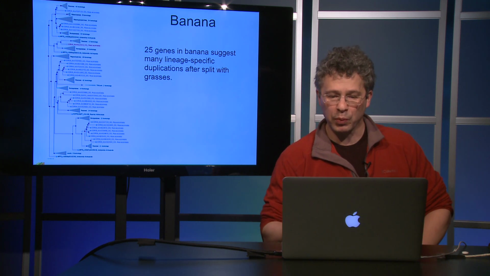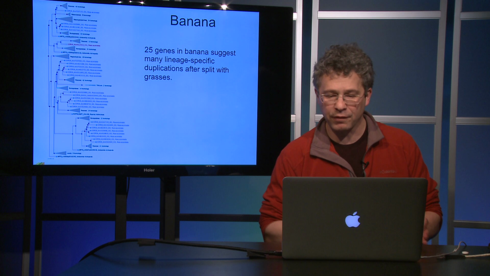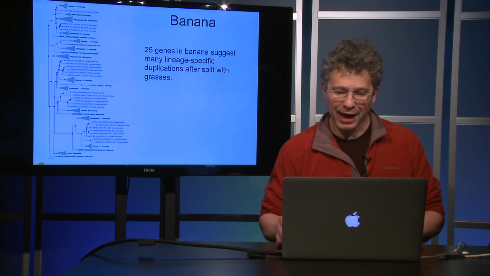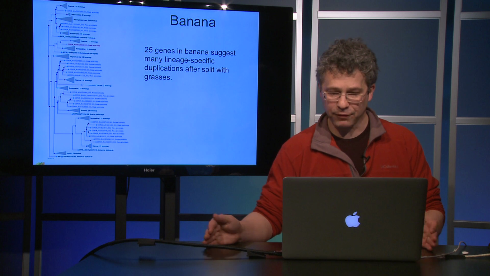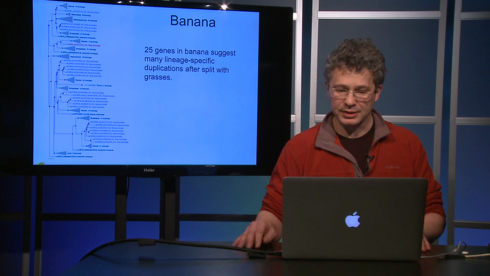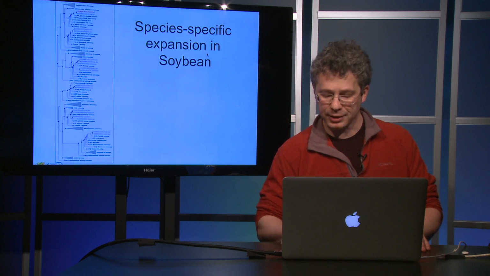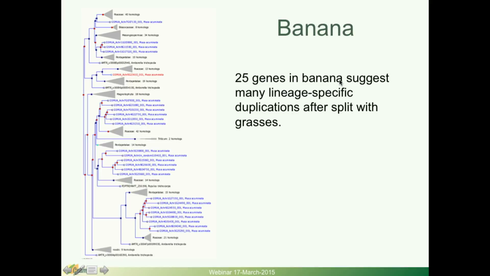So what we see in banana represents all of the evolution that occurred in monocots after it split from the grasses. So we can hypothesize here that there was a very large lineage-specific expansion in monocots after the split with grasses. Or they could be specific to banana. We'd have to look at more monocot species to determine that.